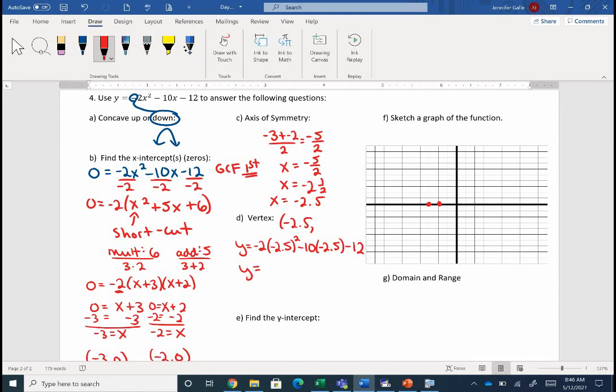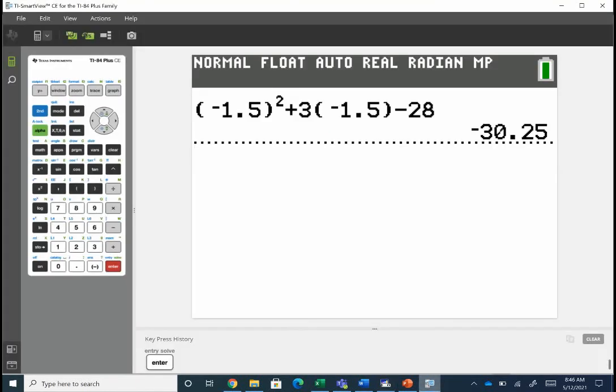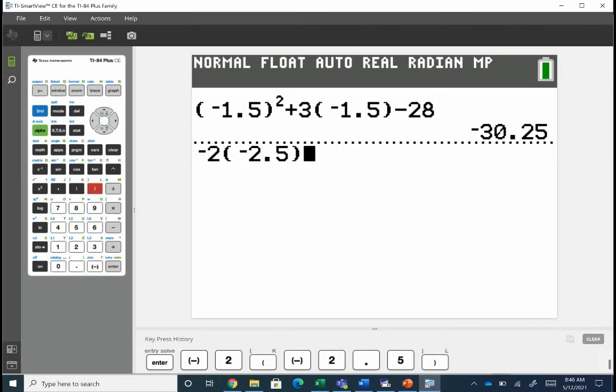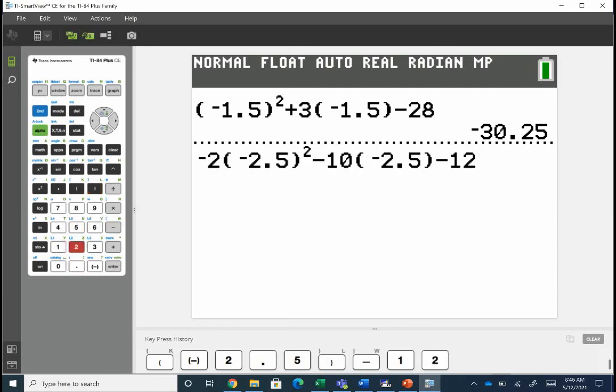So if we enter that in, and I'll put my screen back up in just a second, we have -2 times -2.5 squared. Then we have -10 times -2.5. Again, use the parentheses. Even the basic calculators have parentheses on them.